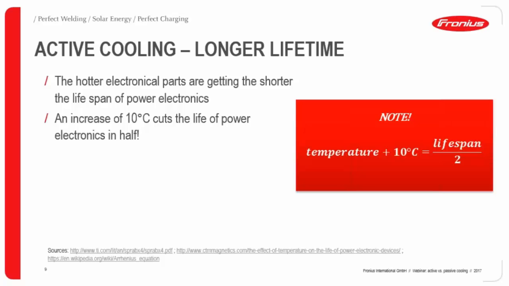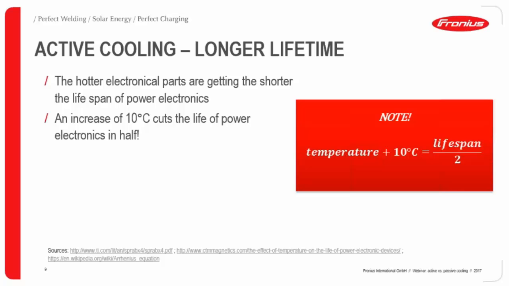For example, if you have got an average temperature of 35 degrees, only 10 degrees more. Or imagine, because it's a hot day, because it's mounted on a wall outside, for example, and you have maybe a heat situation where you have got more than a normal hot day.